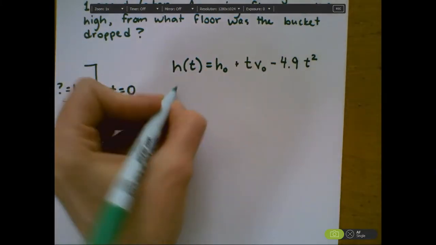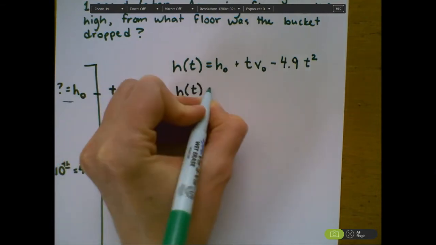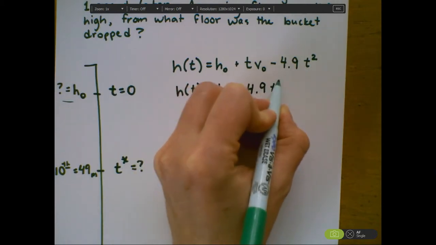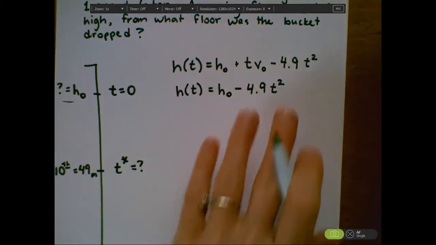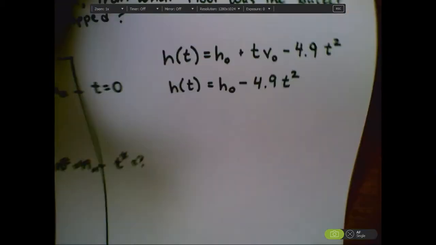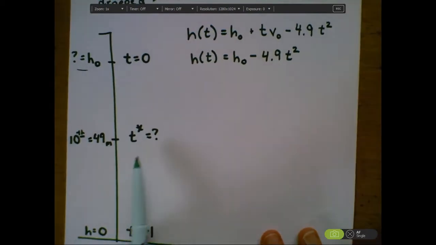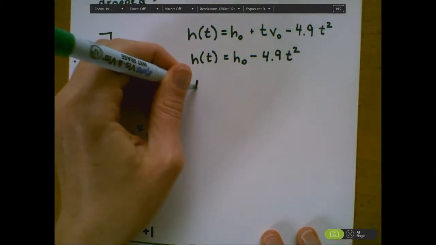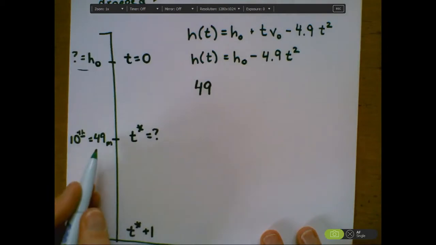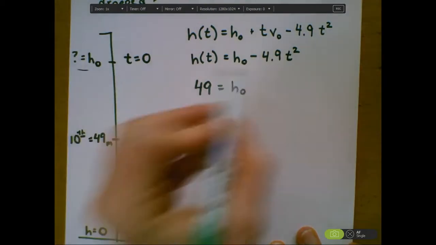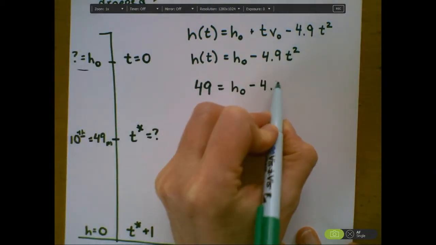So with our initial velocity of 0, we get that h of t is equal to h naught minus 4.9 t squared. Why is this helpful? Well, we have some information from our diagram here that we can fill in. So let's start with our first piece of information. What information do we know given from our viewpoint? From our viewpoint, we know what the height of the bucket is. The height of the bucket is going to be 49 meters in the air, and that's going to be equal to whatever our h naught is, we don't know, minus 4.9.